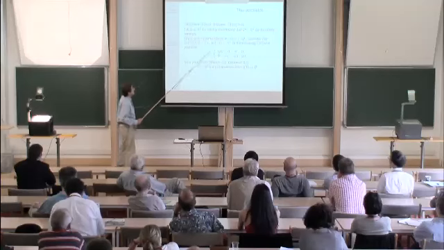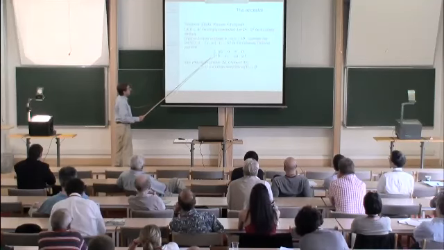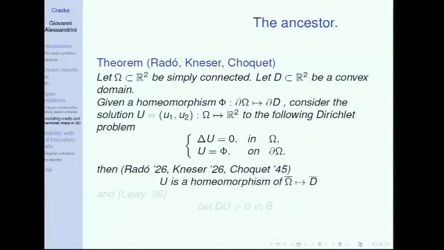And then I consider the map whose components are harmonic and satisfy the Dirichlet condition. The theorem which was claimed by Radó and immediately after proved by Kneser is that in fact this is a homeomorphism of the whole of omega up to the boundary to the convex target.